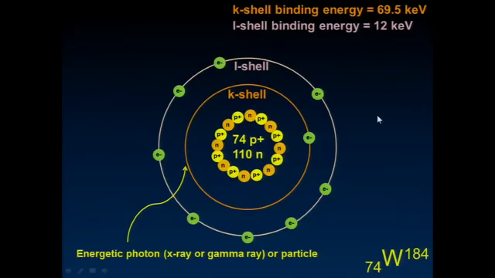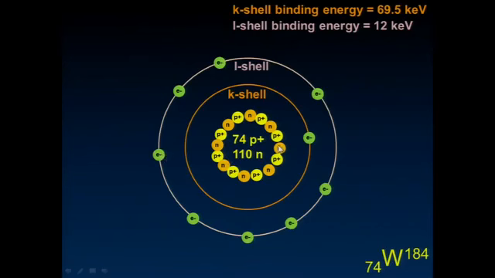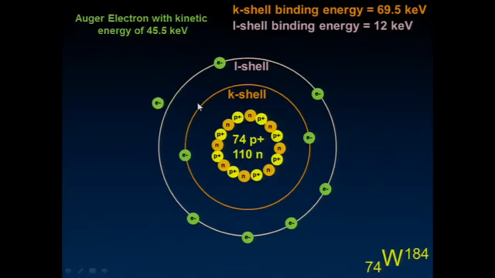Sometimes when we kick that out, as we get this transition, rather than getting that 57 keV characteristic X-ray energy, that energy gets transferred to one of these outer shell electrons, and it heads off with a kinetic energy equal to the difference of these, but also minus its binding shell energy.